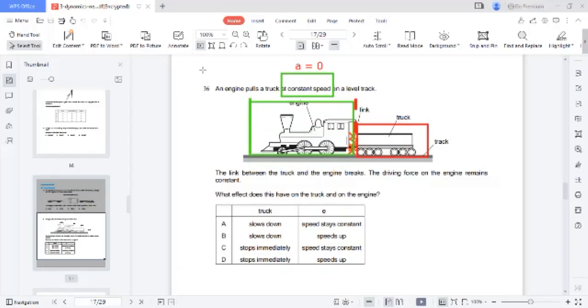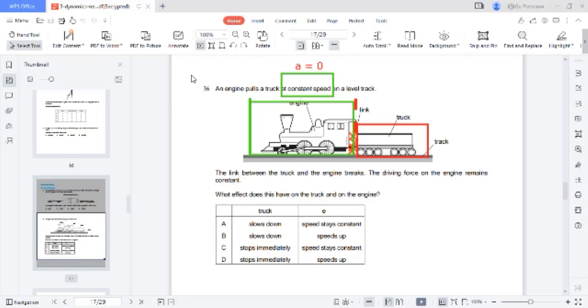When the link between engine and truck breaks, the truck gets released from the engine and would no longer be pulled by it. After a few seconds the truck would be at rest, because nothing is pulling it.